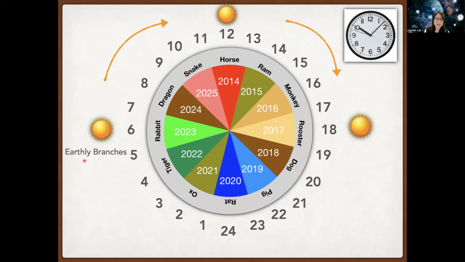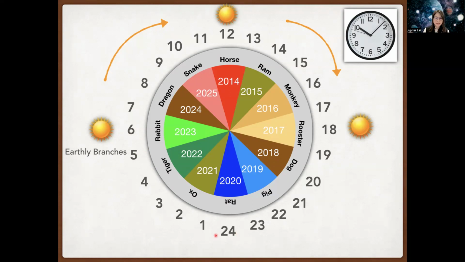For convenience, we use animals to name them. From 5 to 7 is the rabbit hour, 7 to 9 is the dragon hour, etc. It does not really correspond to the actual position of the sun, but only approximately.